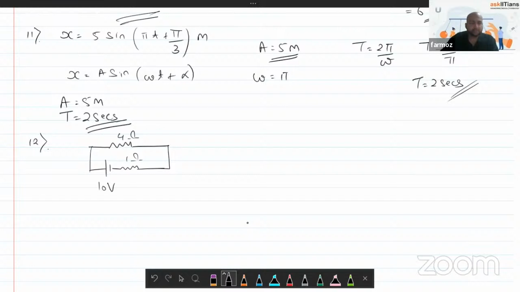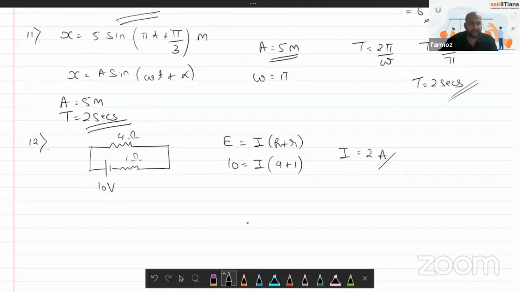Now moving on, your total resistance, or you can go with EMF induced, is nothing but I into (R plus r). That is 10 equals I into (4 plus 1), that is 5. So your I becomes 2 ampere.